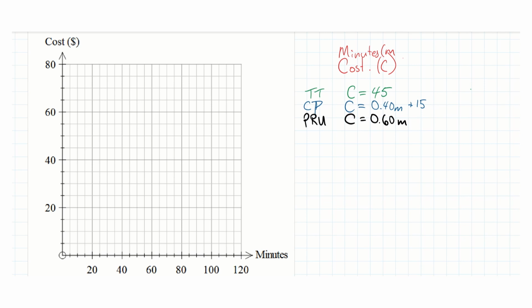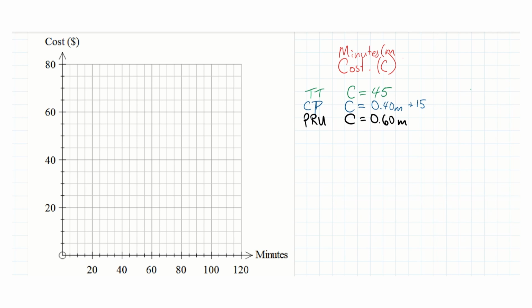I can see here that it's labeled 20, 40, 60, 80, but because there are 4 tick marks between each, this is actually 5, 10, 15, 20, 25, and so on, all the way up the side.